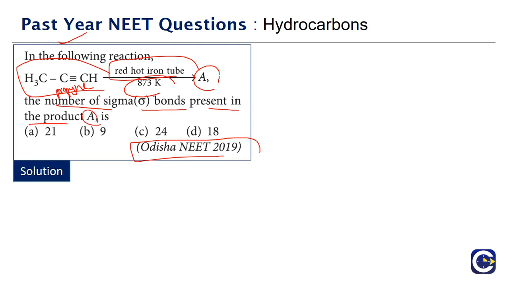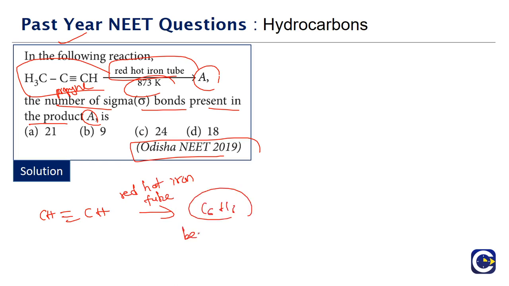So what is this reaction? Alkynes, like we have in NCERT itself, acetylene, CH triple bond CH, when passed over a red hot iron tube, gives us C6H6, benzene. So this is an example of aromatization.